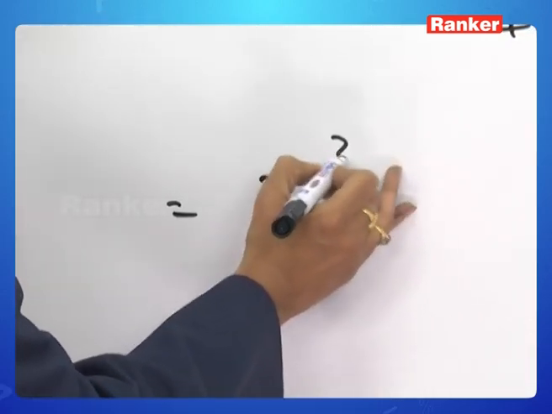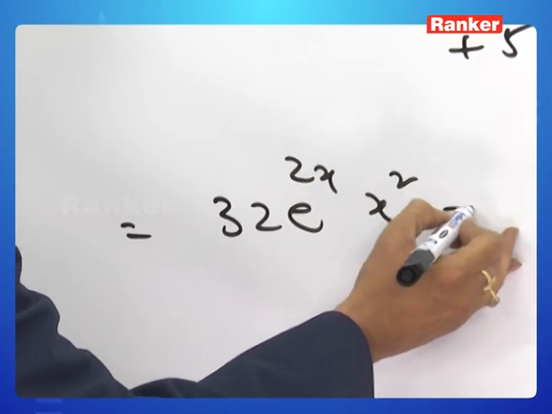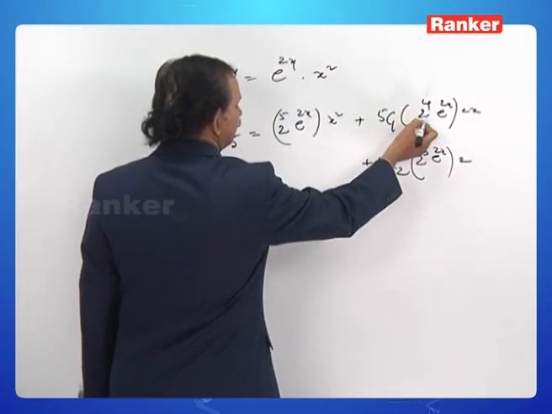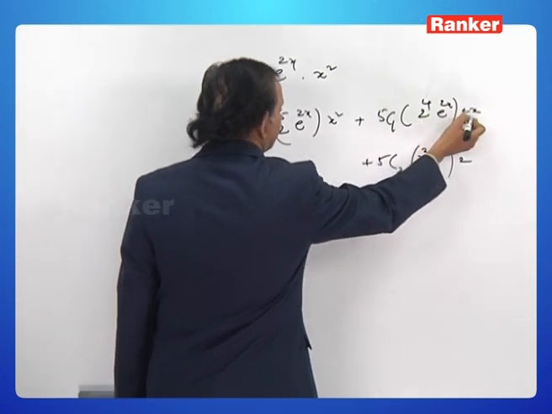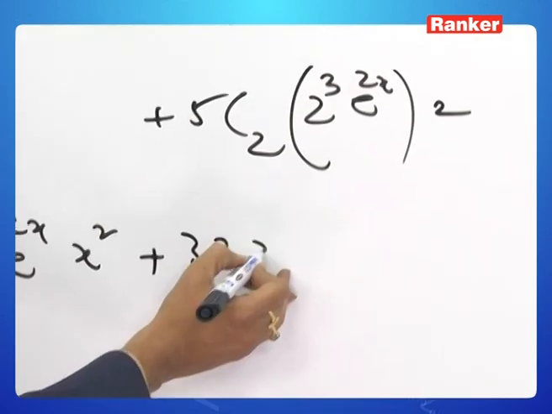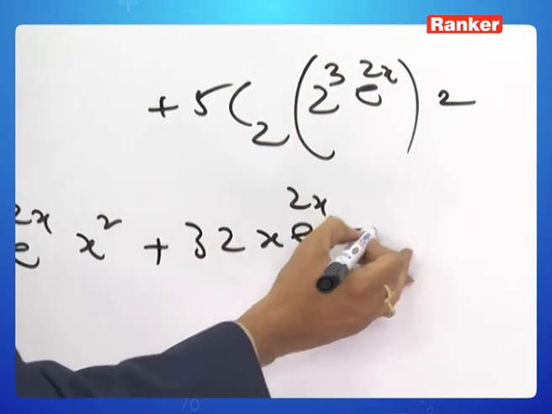So it is 32 e^(2x) x^2 plus 5C1 is 5, 2^4 is 16, 16 into 2 is 32, 32 into 5 is 160, so 160 x e^(2x).